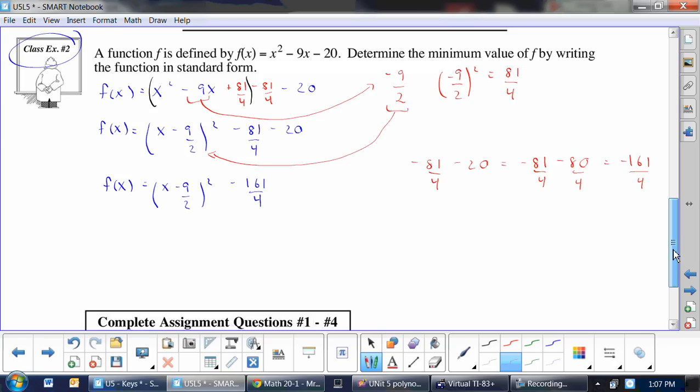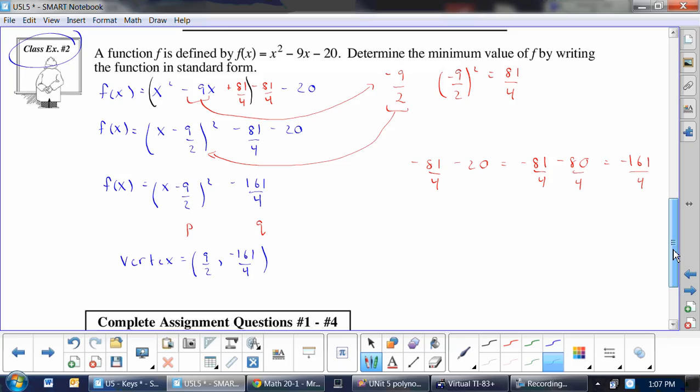Okay, so the second part of the question is they ask us to determine the minimum value of f by writing the function in standard form. So we have it in standard form, but we have to find the minimum value. And we know that our minimum and maximums are always at our vertex points, right? And we know that our vertex is P and Q. So the vertex is 9 over 2 and negative 161 over 4.